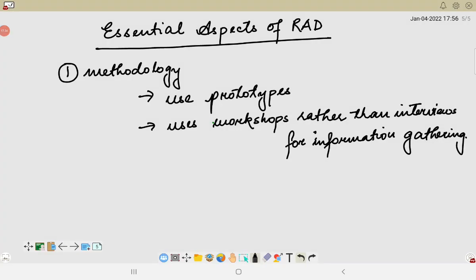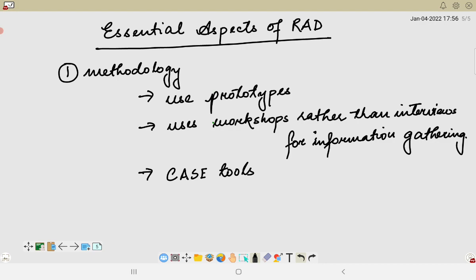The next thing it uses in its methodology is a suitable set of CASE tools. These CASE tools are computer assisted tools, and they are helpful for generation of the design as well as generation of the code, which involves minimum human intervention and hence has a greater chance of accuracy.